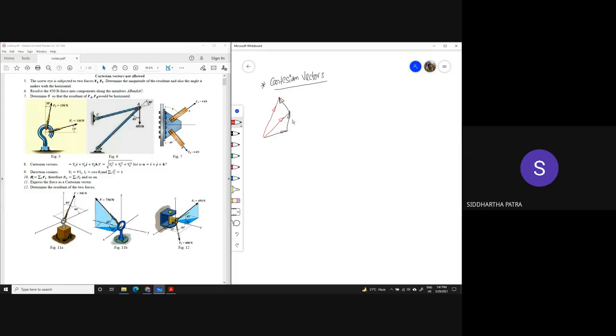The third vector may not be coplanar, but once you take the resultant and the third vector, you can construct a plane with that, and the resultant of all three vectors lies on a plane containing the resultant of the first two and the third one. Okay, so let's start with that.